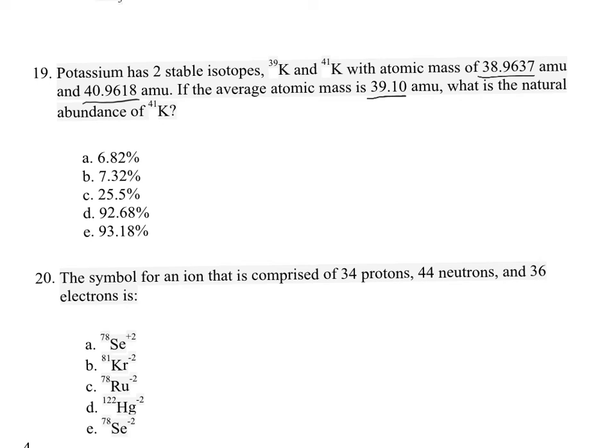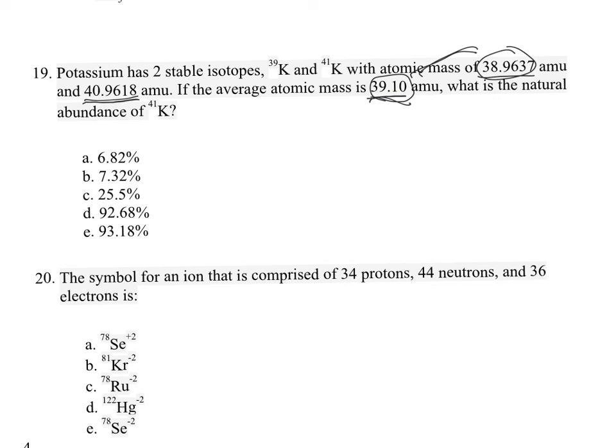So which one of the isotopes is closer to the average atomic mass? These 2 numbers are only about 0.1 something away. These 2 are actually 1.8 something away. The difference between these 2 is about 5% of the difference between the average atomic mass and the heavier isotope.